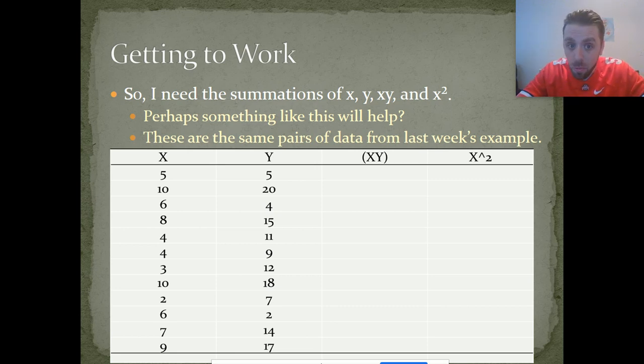And then finally, I will take each value of x, square it, and then sum all 12 answers for x squared. So when we're done with this table, what you should have is the summation of x, the summation of y, the summation of xy, and the summation of x squared.